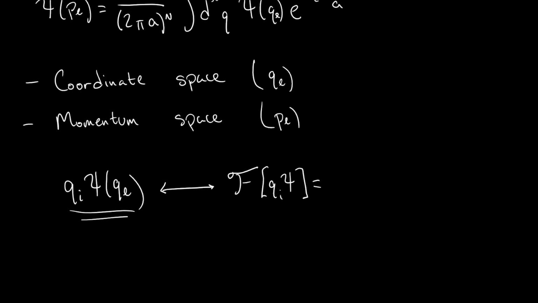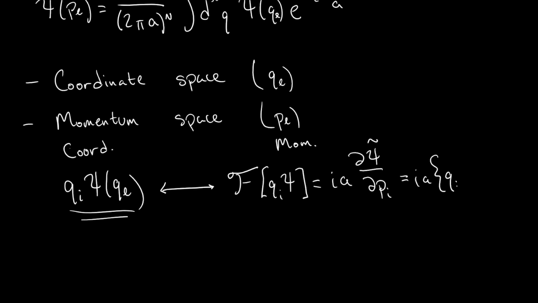And this is going to be equal to i times A times d psi tilde dp sub i, remembering that over here is coordinates, over here is momentum. Now notice that this is just i A times the Poisson bracket between these guys.